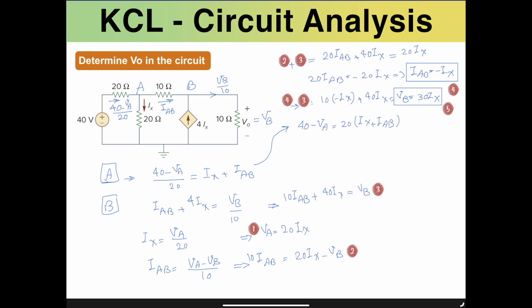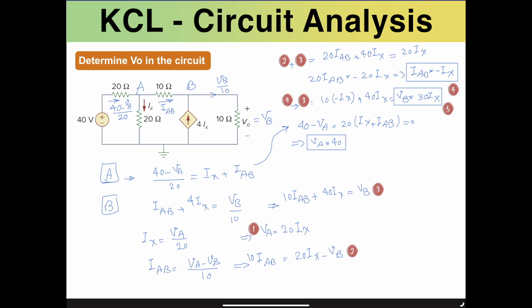Now, instead of IAB, we have an expression that says it is equal to minus Ix. So IAB plus Ix equals 0. This means that this whole part becomes 0, and essentially this means that VA equals 40.